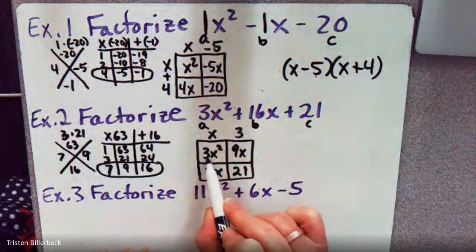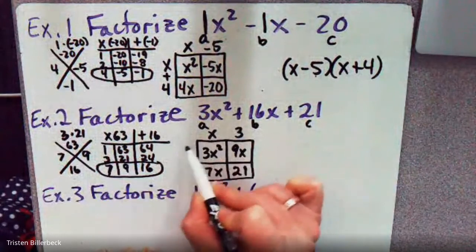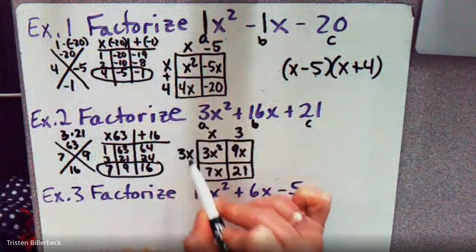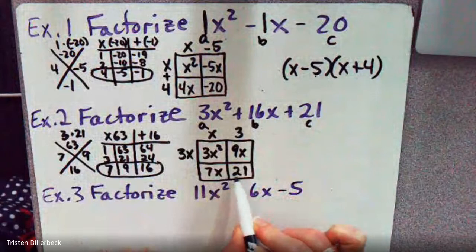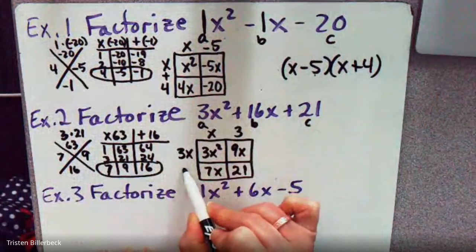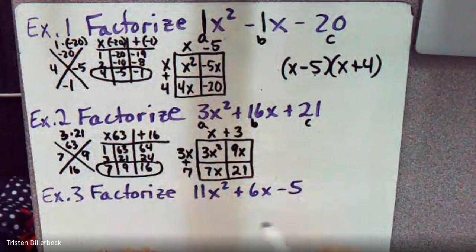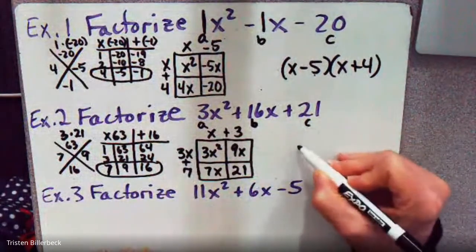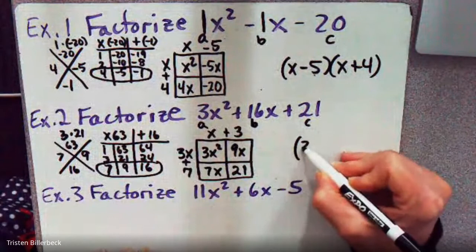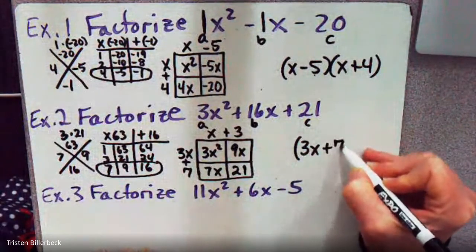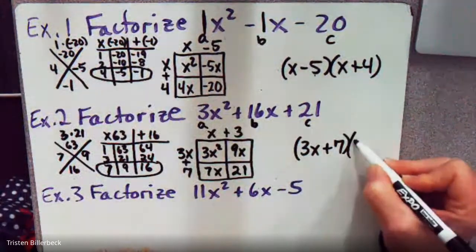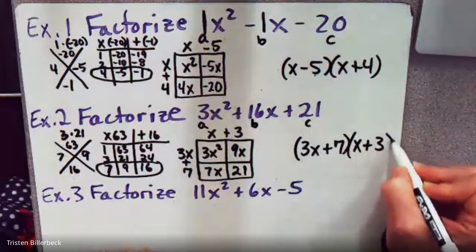But here we have 3x squared, 9x, we have 3x. And here 7x and 21, we have 7. So these are addition, there are no negative signs. So this factors as 3x plus 7 times x plus 3.